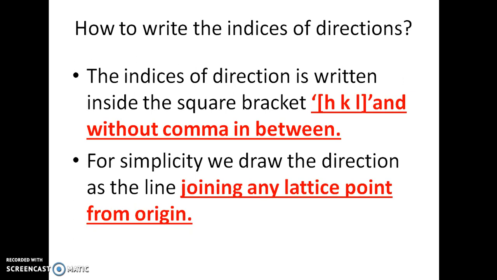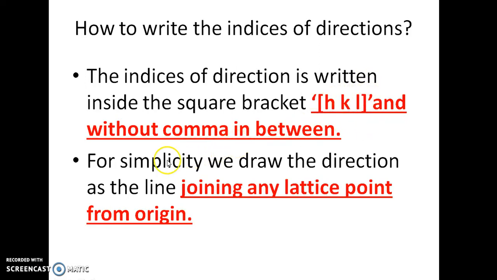You need to write the indices in a square bracket, and when you write the indices, there should not be any comma in between. For example, if you define the direction by h, k, l, it is written in a square bracket without any comma in between.